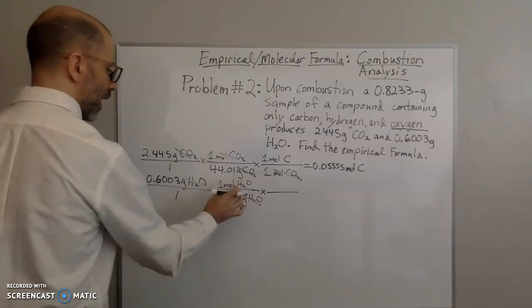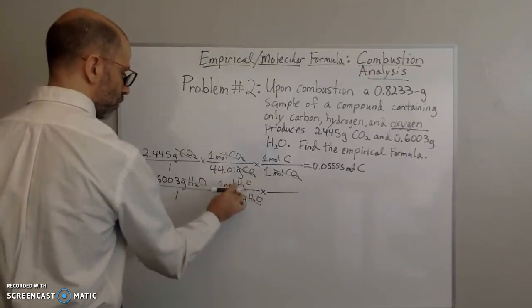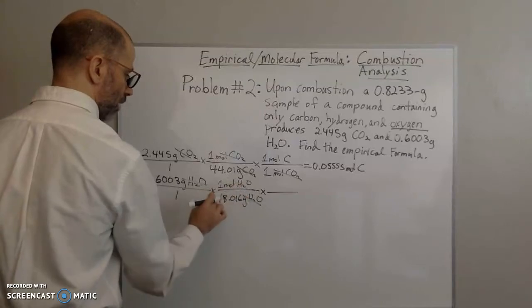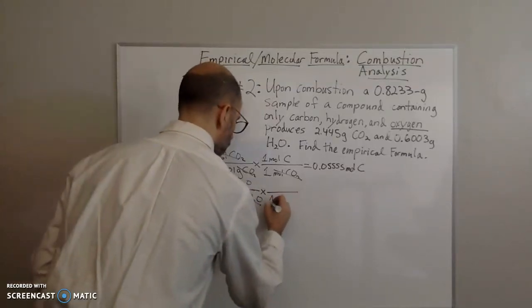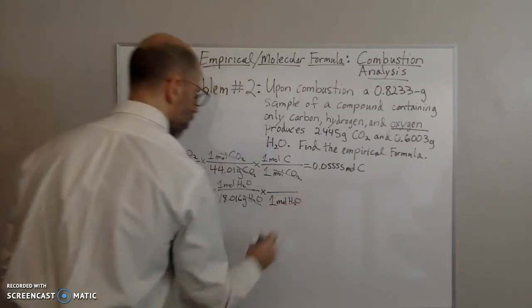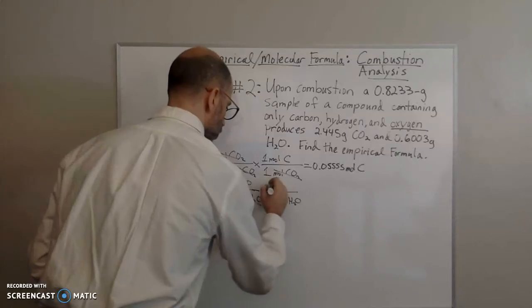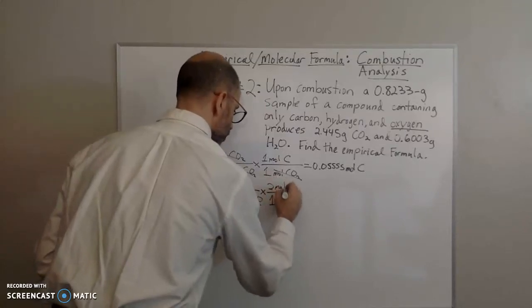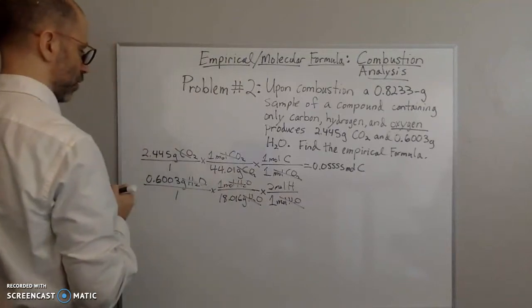And then now we can use our formula, the mole ratio in the formula, to go from moles of water to moles of hydrogen. So that's a 1:2 ratio. So for every 1 mole of water, we're going to get 2 moles of hydrogen. So the moles of water cancel out.